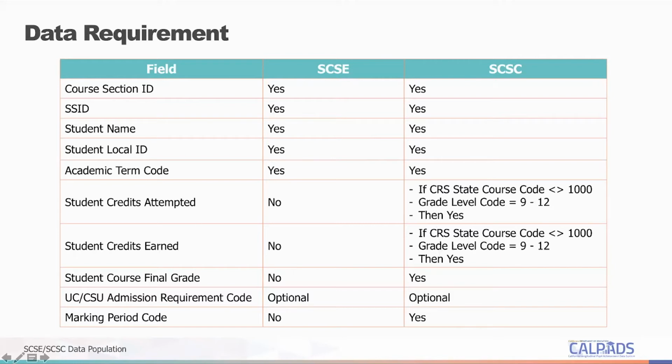For example, student credits attempted and earned, you would populate this field if you have a departmentalized course, a course that's other than state course code 1000, and if the course is for grade 9 through 12. So just kind of keep that in mind.